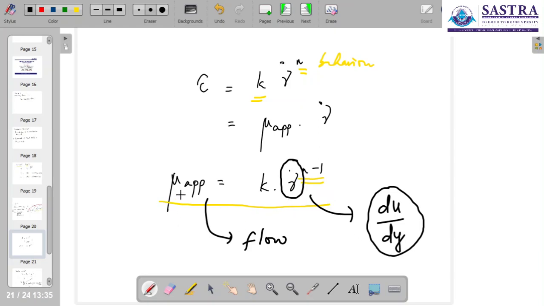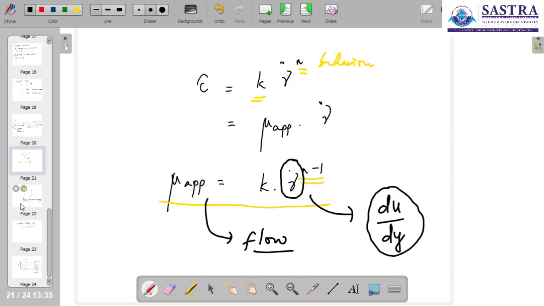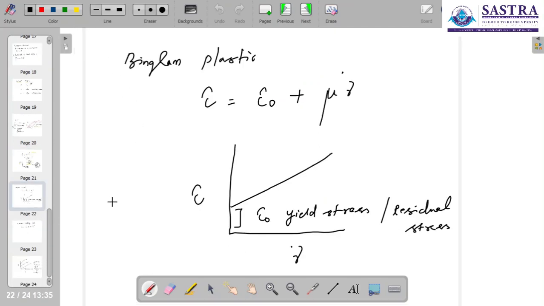So this apparent viscosity is no longer a fluid property, but rather a flow property because it depends on the flow system.